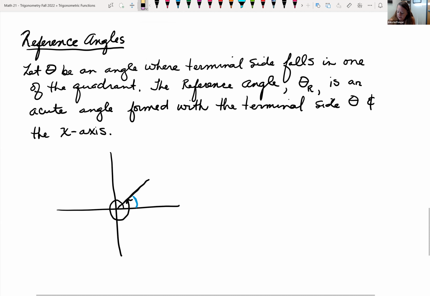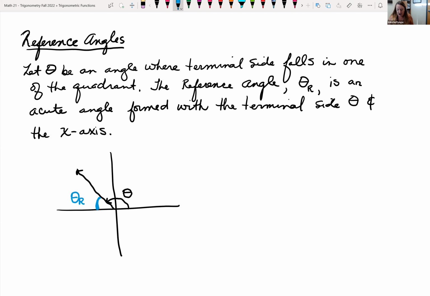But if we fall in the second quadrant, so somehow our terminal side here is in the second quadrant, and this is theta, to figure out what our reference angle is, we're forming the terminal side with the x-axis, which makes it acute. I wouldn't want theta because that's bigger than 90 degrees. So my reference angle here is formed with the terminal side and the negative x-axis.